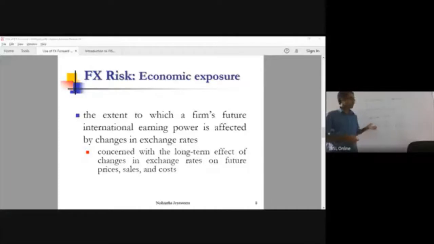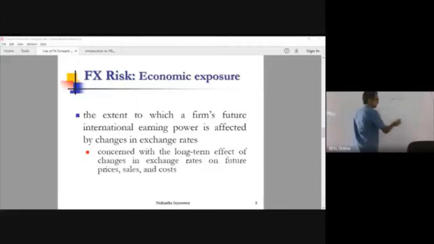So then the exporter will lose his competitiveness. He may lose some demand or some business from Germany or whatever European country. That can happen. That is the economic exposure.